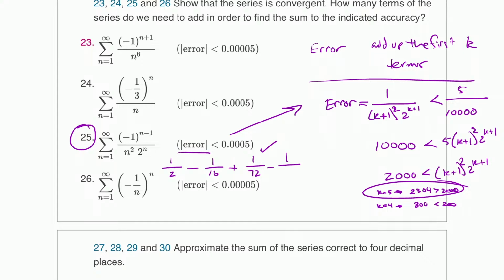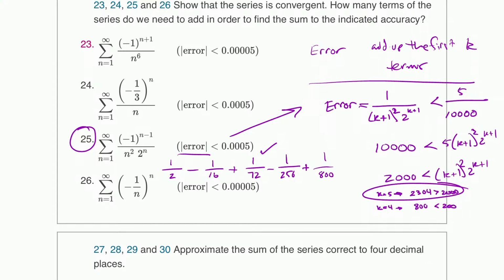That shouldn't be too hard. 16 times 16 is 256. And then plus, so we're just going to do 5 of these terms. So 1 over 5. Oh, we did this already, right? It's 800. Okay, so if we did that on a calculator, but my calculator is broken now, we would be within that error. You just add up that many and you'd be all set.